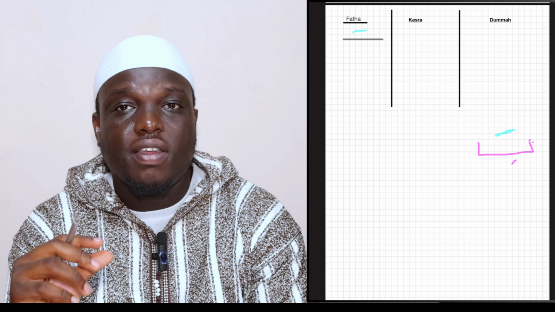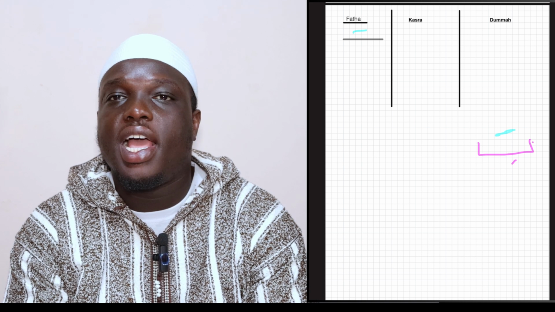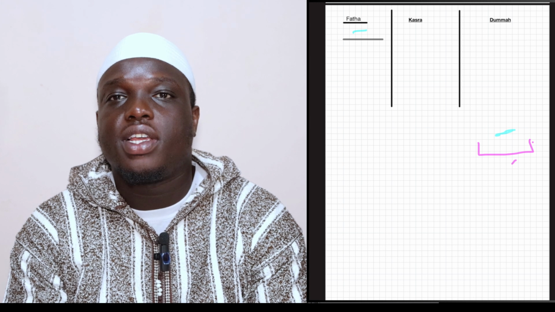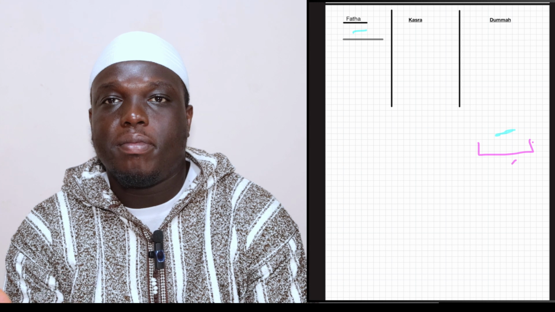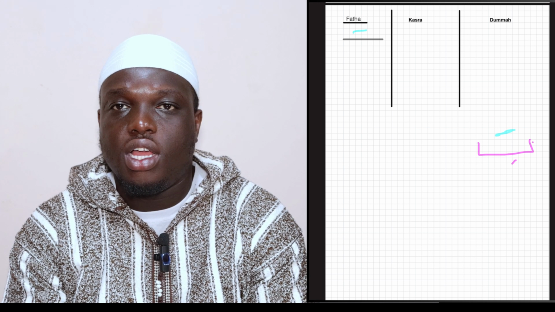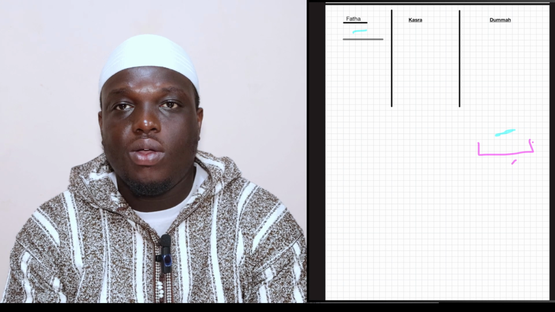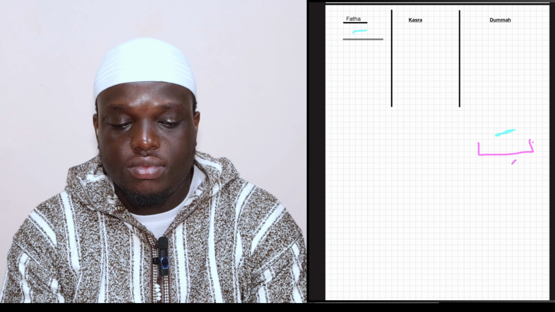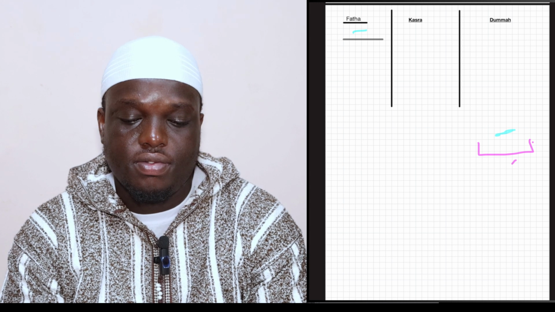Again, the fatha vowel gives an ah sound to the letter, but since ba already has an ah sound in it, you won't hear any change. So fatha on top of the ba will be ba.